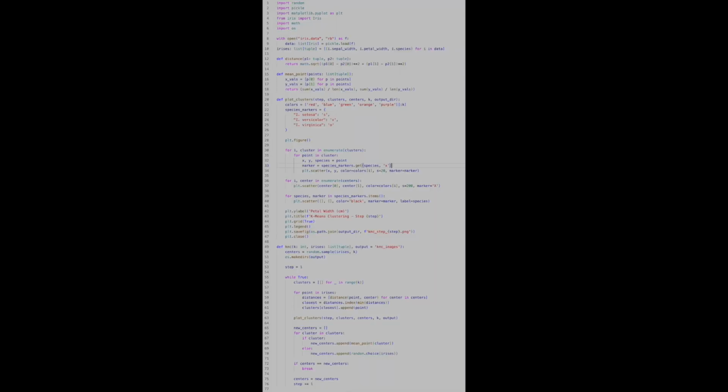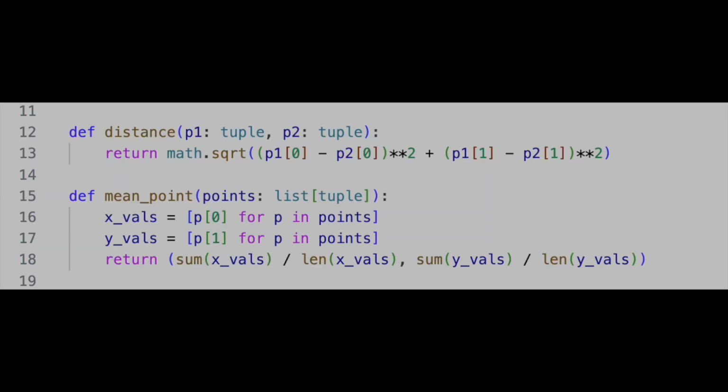Here is my Python implementation for k-means clustering. First, two small functions are designed to help with calculations, including distance, which measures how far apart two points are on a graph, and mean point, which finds the center, which is the average position of a group of points, used to update the cluster centers.